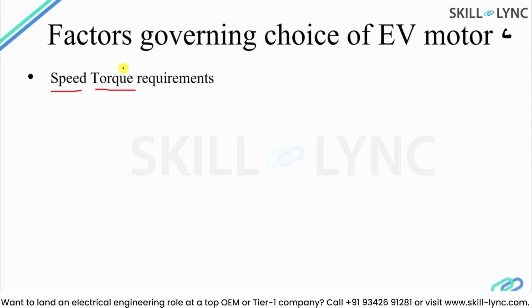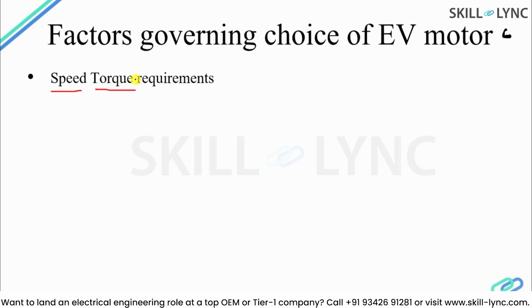Similarly, when your vehicle starts with maximum acceleration, it is required to produce the maximum torque, which should be considered as the maximum possible torque produced by the motor, and it is produced at a very low speed. So at a very low speed, the machine is required to produce high torque for acceleration.